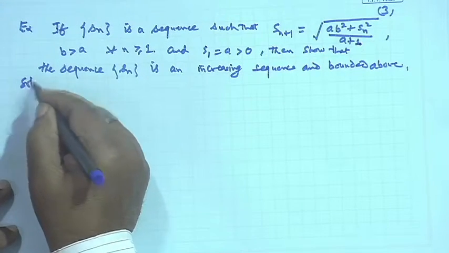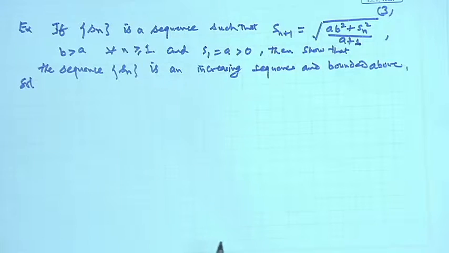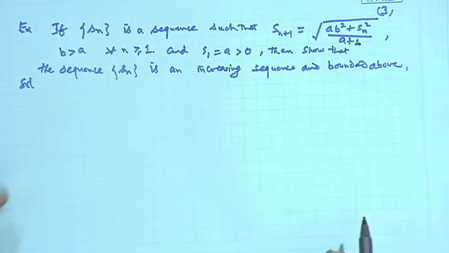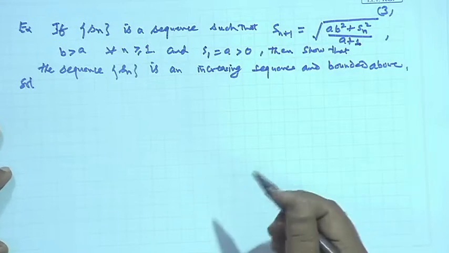So, solution is, same trick we will apply using induction. We will show first S2 is greater than S1, then we will show S3, Sn is greater than Sn minus 1, and then finally, by induction S(n+1) is greater than Sn, we will show that it is always an increasing sequence and then bounded in a similar way.